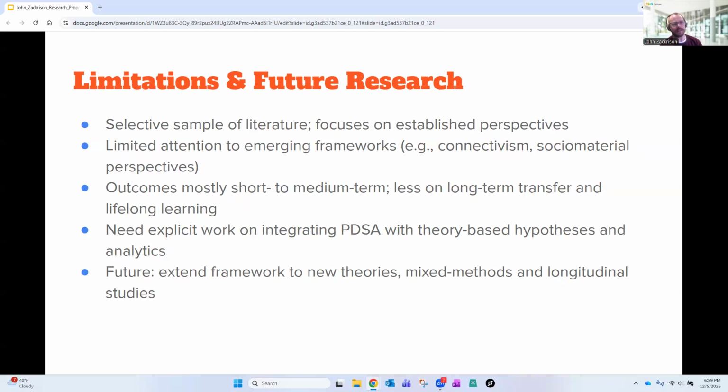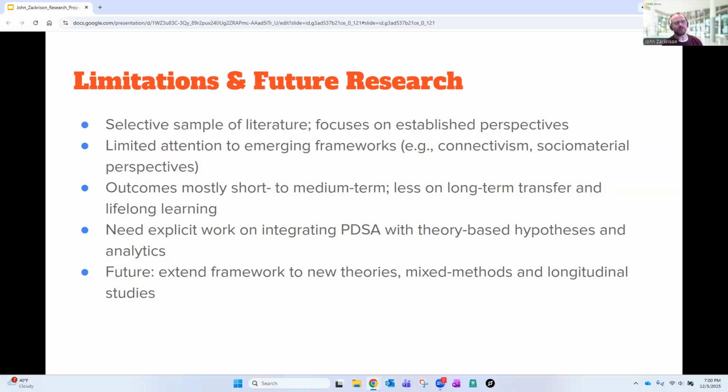And then finally, the integration of continuous improvement and theory-informed design remains under-theorized. So I think there is a need for more explicit work on how PDSA cycles can be structured around theory-based hypotheses and process outcome relationships, and how learning analytics environments can operate as test beds for innovation.